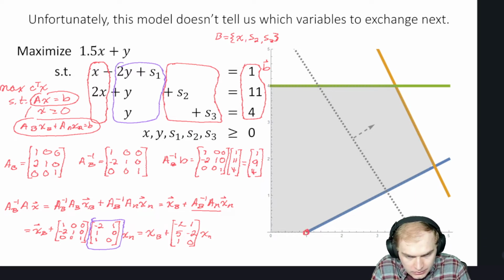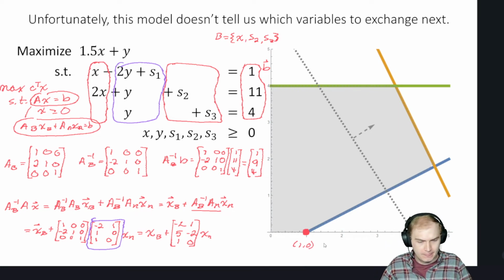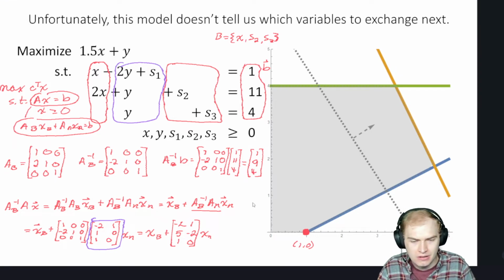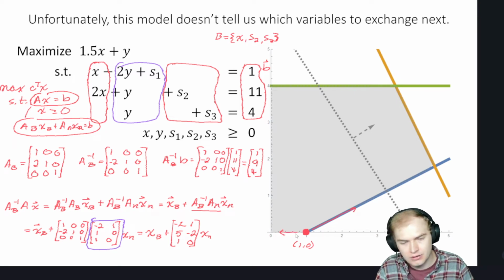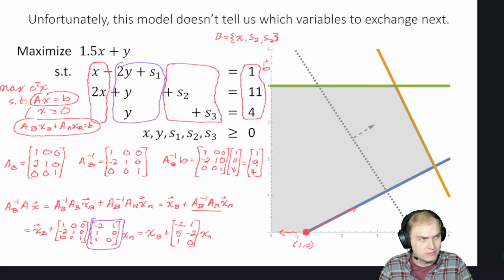Remember, we are here currently at 1, 0. What we're trying to do is re-express our LP so that the directions we could move are more obvious from the LP itself rather than from the plot of the feasible region.